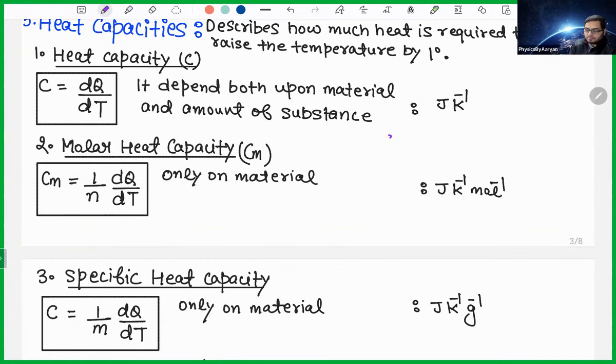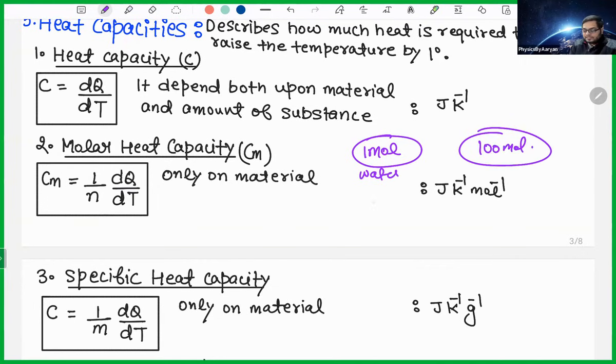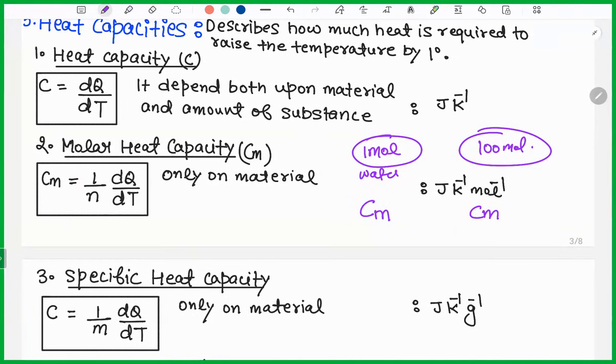So now you tell me, 1 mole of water and 100 moles of water, will they both have the same molar specific heat or different molar specific heat? Same, right? Why? Because now I have divided by the number of moles, so it balances out.